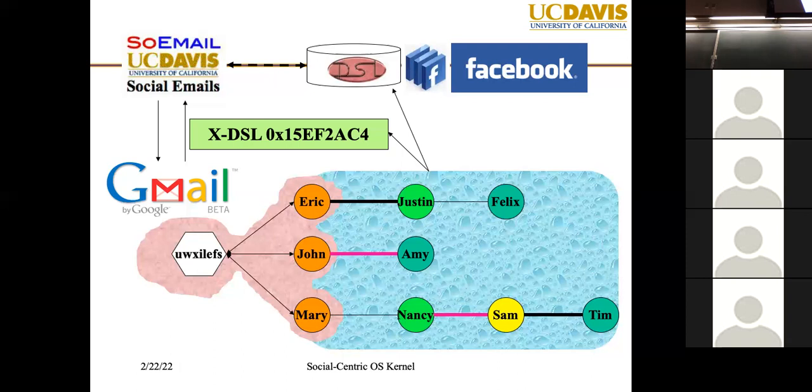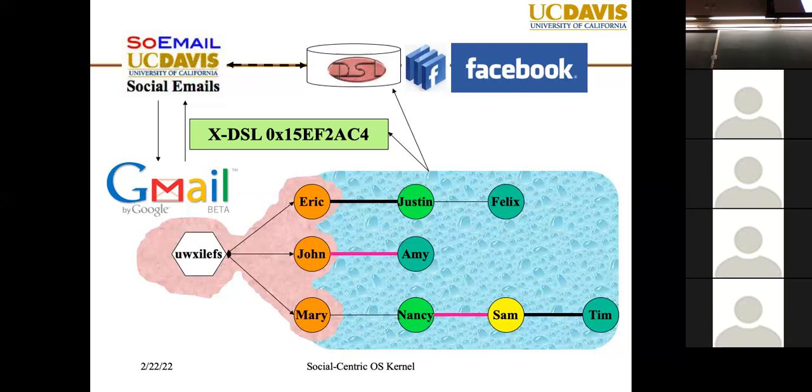XDSL is an attribute, what we call an extended attribute, that you can add to the SMTP protocol. Essentially, all network protocols have this capability to allow you to add attributes that you define.